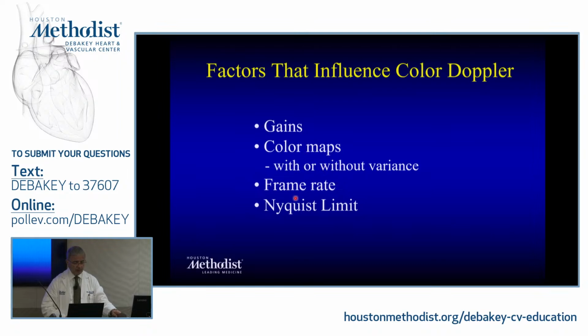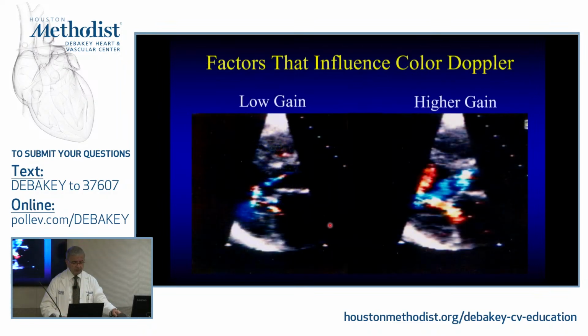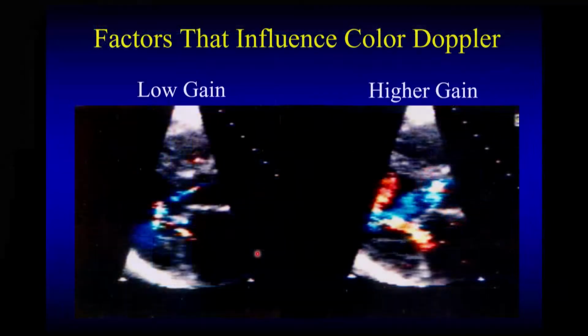Color maps and frame rate are very important because I want to concentrate on the area of interest. Otherwise, I'm going to spend too much time and my frame rate will drop and I will be stroboscopic as opposed to seeing more continuous flow. So this is an effect of a low gain versus high gain in the same patient.